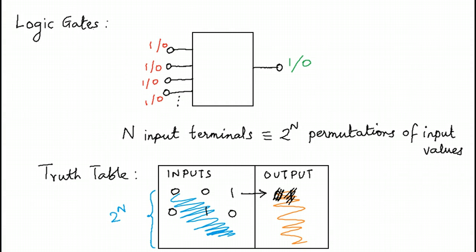It's going to be either 0 or 1. It has to be very specific, and it will depend upon the type of logic gate. So needless to say, since there are 2 raised to n rows corresponding to 2 raised to n permutations of input values, there will be 2 raised to n output values in the truth table.